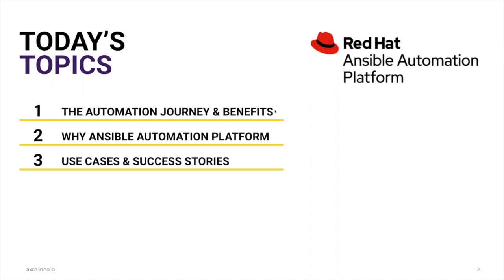And as part of that, where does the Ansible automation platform fit into that automation journey, and again, aligning to the benefits of what we look for when it comes to automation. And then we'll wrap up, review everything we discussed, and also talk about some use cases and some success stories that we at Excelino have had with Ansible, and how that has helped customers as well. So without further ado, I'm going to jump right in here to the automation journey and the benefits.